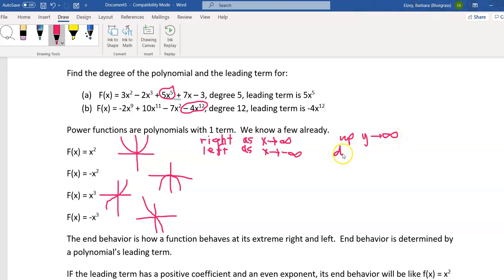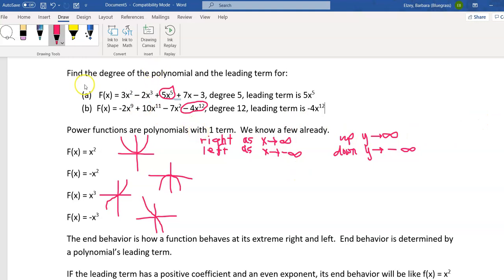And if our graph is going down, we're going to use the notation y goes to negative infinity, because our y-axis goes to negative infinity on the downside. All right, so if we use this, this will help us a little bit when we're doing homework.